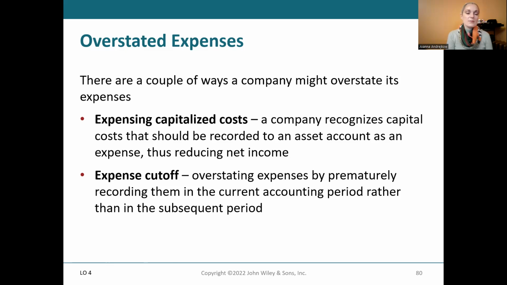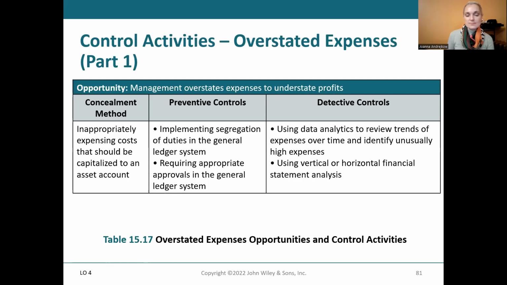So when organizations expense capitalized costs, they recognize capital costs that should be recorded as an asset as an expense, thus reducing net income. Another way to overstate expenses is to use expense cutoff, and this involves overstating expenses by prematurely recording them in the current accounting period rather than in a subsequent period.